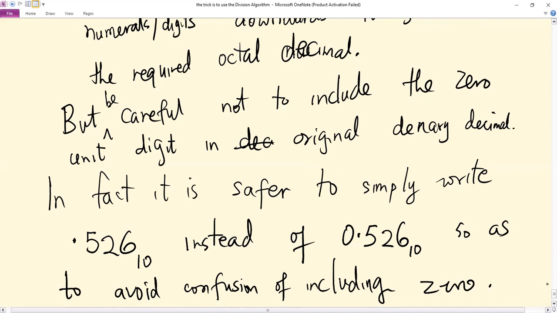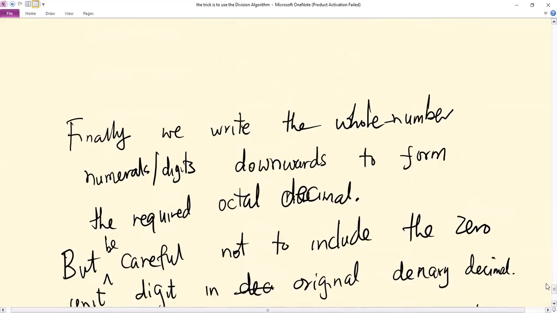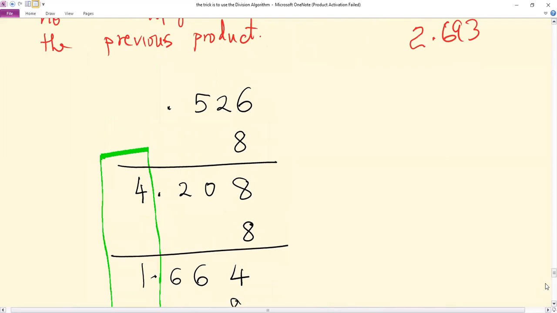So in the example we have done here, you can just write .526.